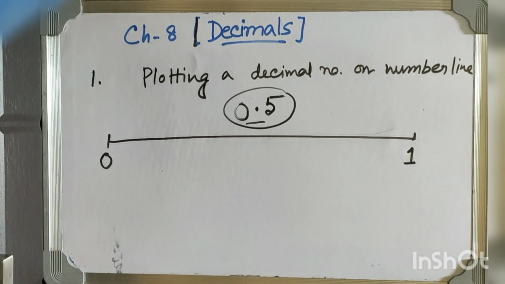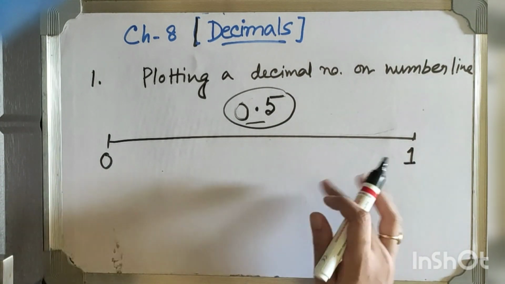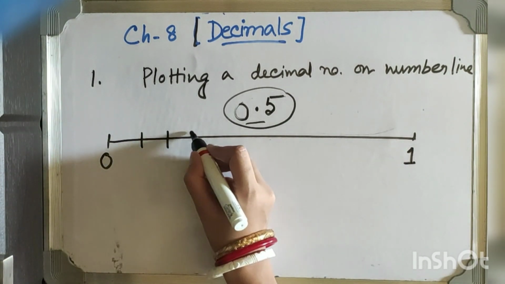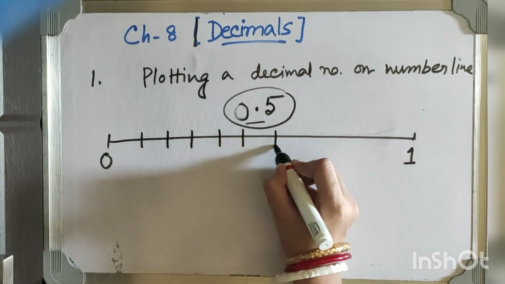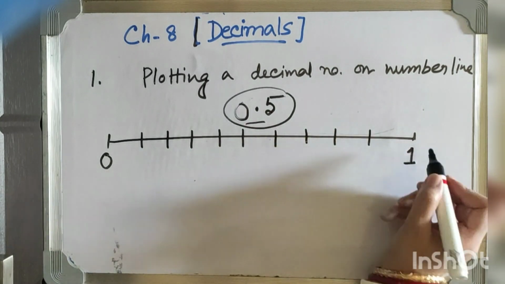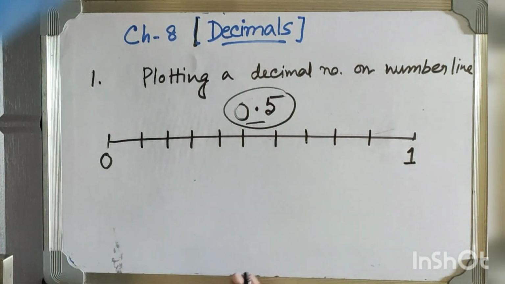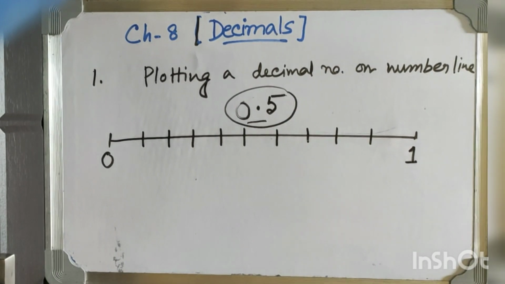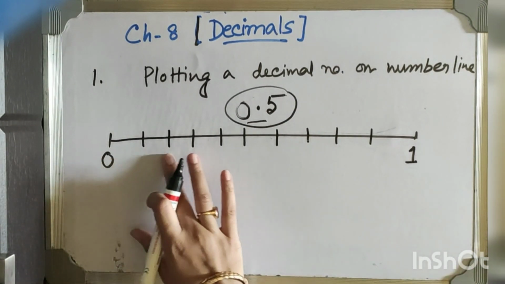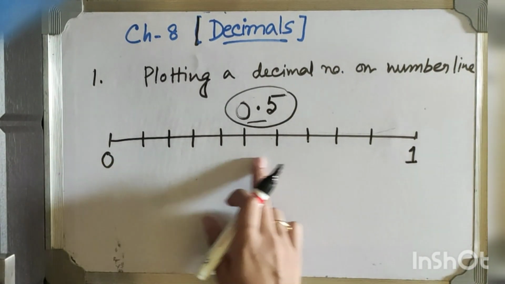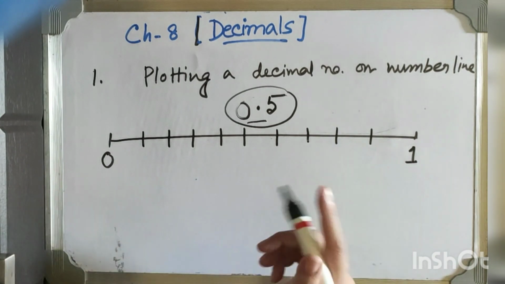Okay, now for plotting this decimal number on this number line, we will divide this number line into 10 parts. Okay, so we have marked all the 10 parts, and these 10 parts will be mentioned in this way.